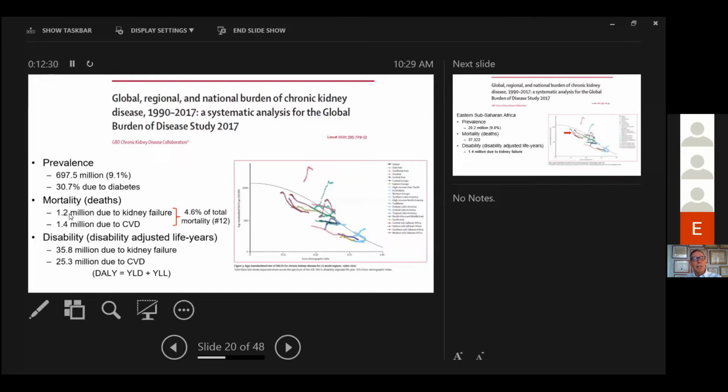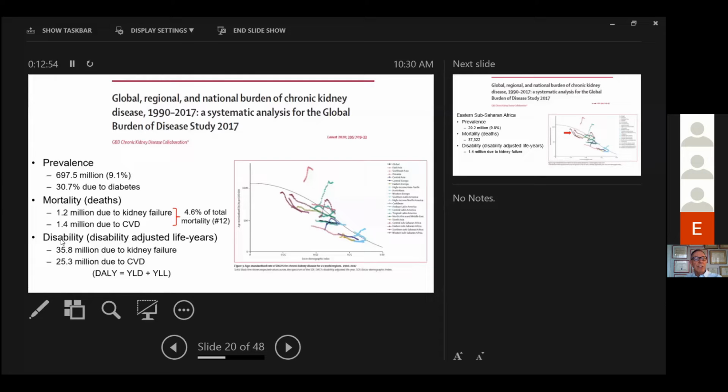They estimated that the mortality from kidney failure was 1.2 million per year, and an additional 1.4 million due to cardiovascular disease in people with CKD. And this represents 4.6% of total mortality and is number 12 on the list of causes of death in the world.